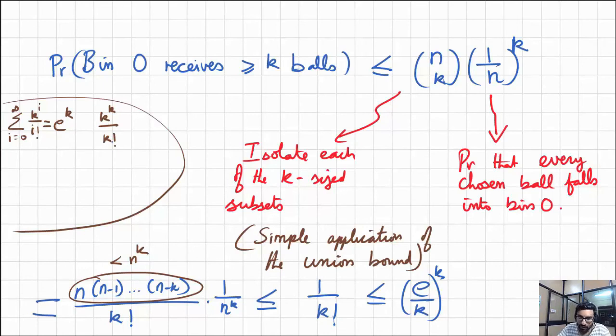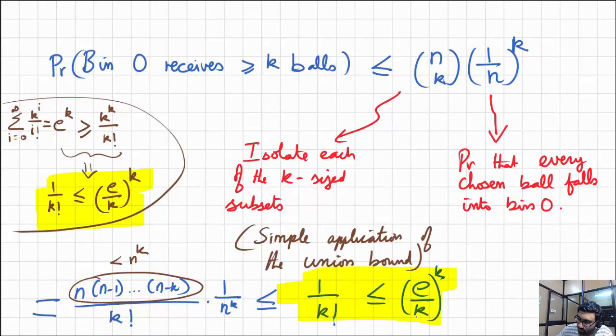Obviously, if you just isolate that one term, the relationship here is going to be greater than or equal to. And of course this will imply that 1 over k factorial is at most (e over k) raised to the power k. And this inequality that we get over here is exactly the inequality that we use over here.